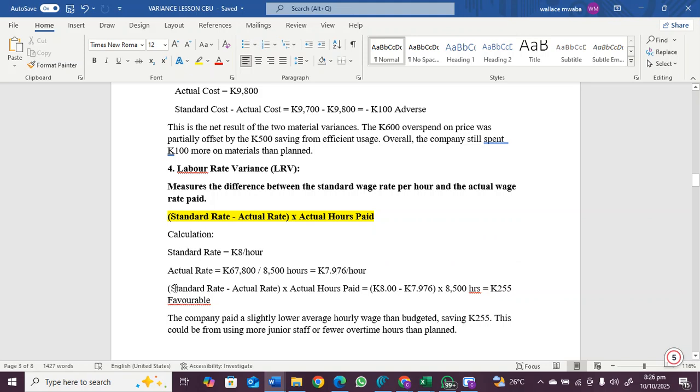So, standard rate minus actual rate times actual hours paid. You say 8 minus 7.976. What value do we get? We get 0.024 times 8,500.